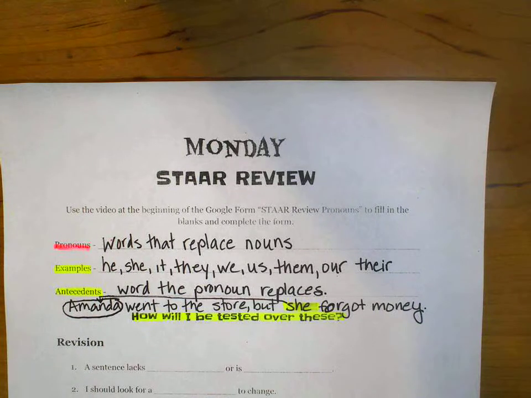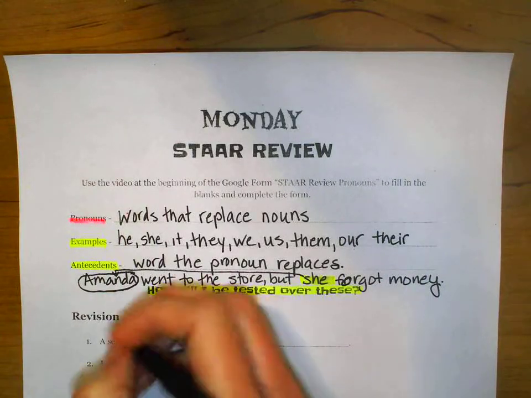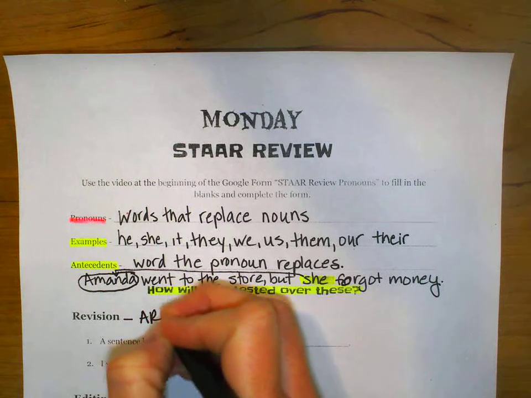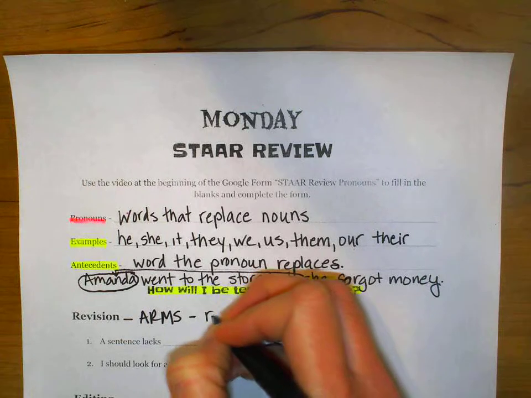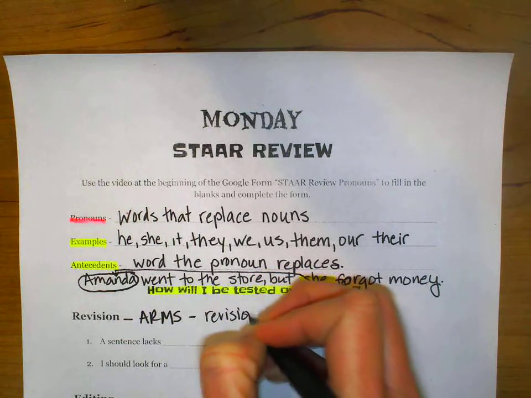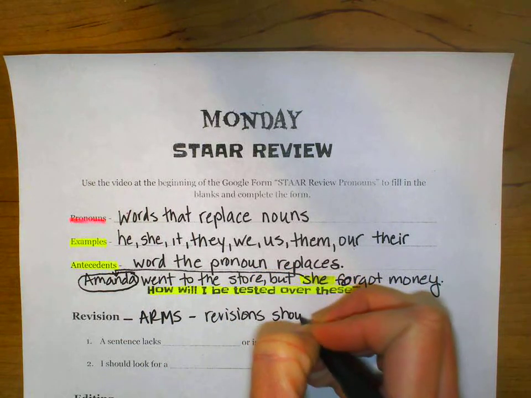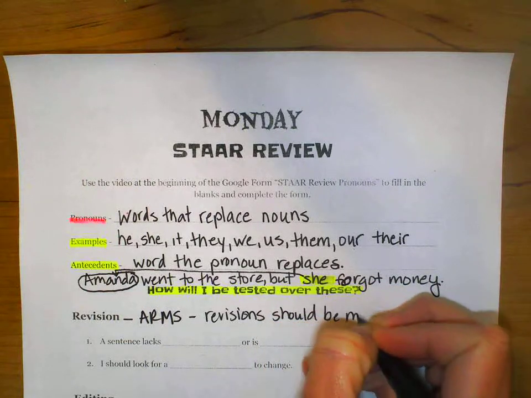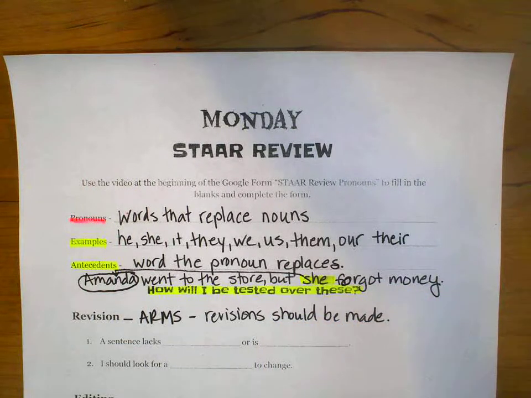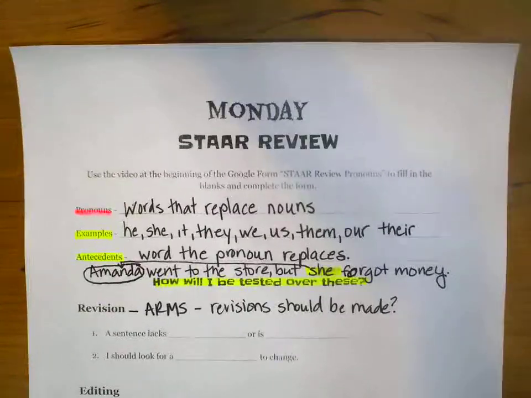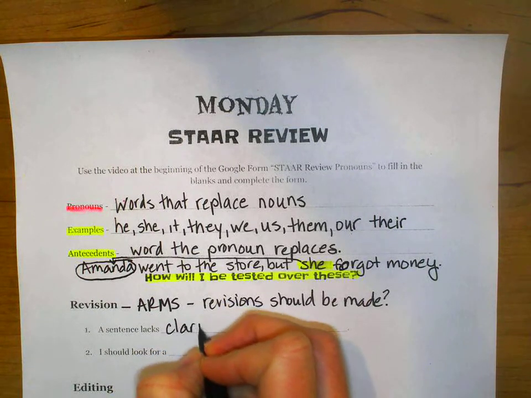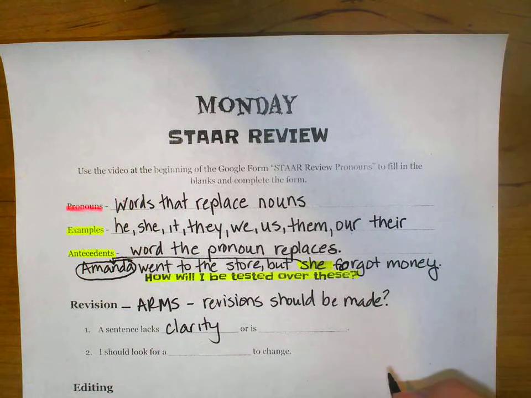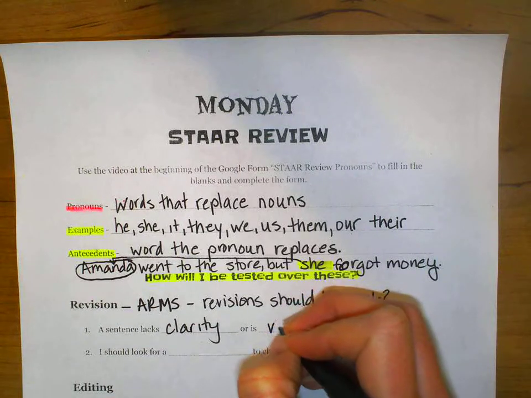So for your revision questions, and remember revision is ARMS. These are the ones that in the directions they ask what revisions should be made, and usually these are the ones that are a little more difficult. So what they will ask you: a sentence lacks clarity or is vague.